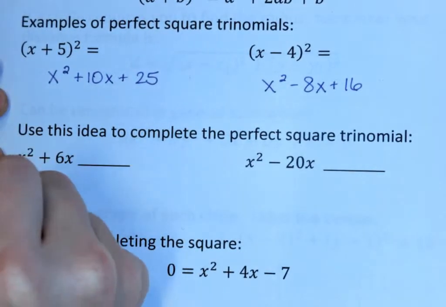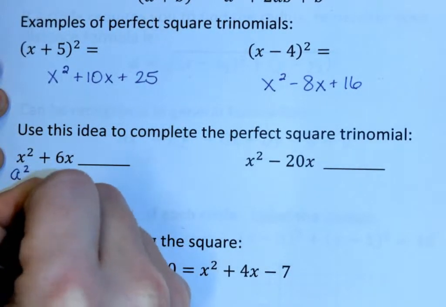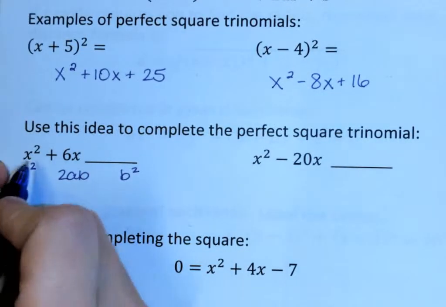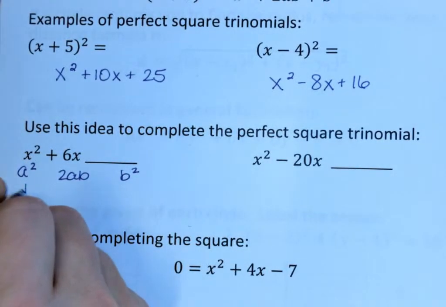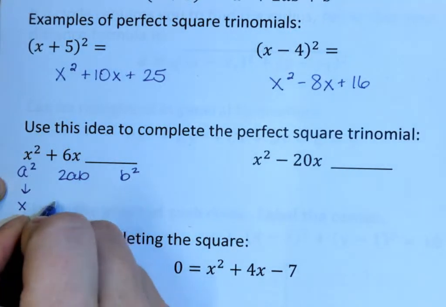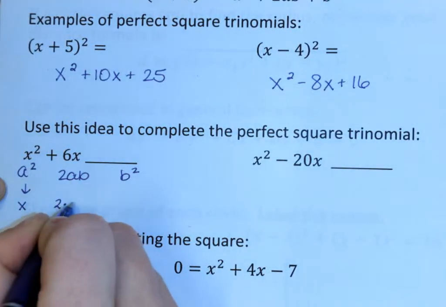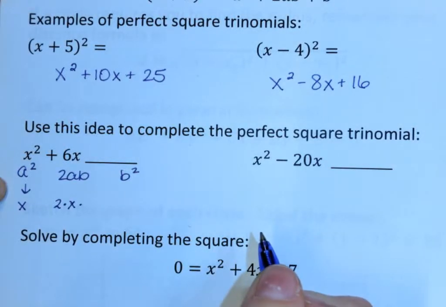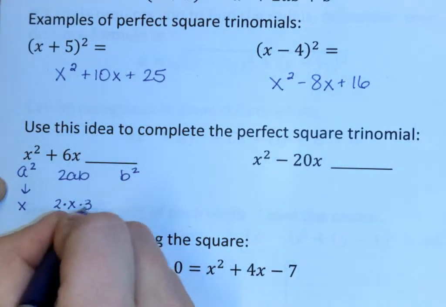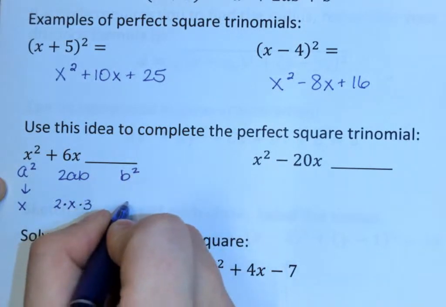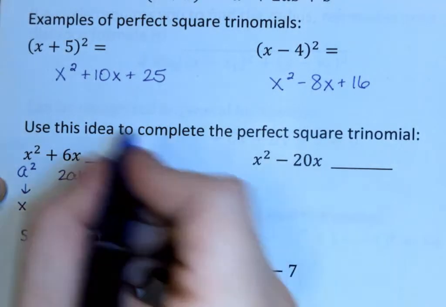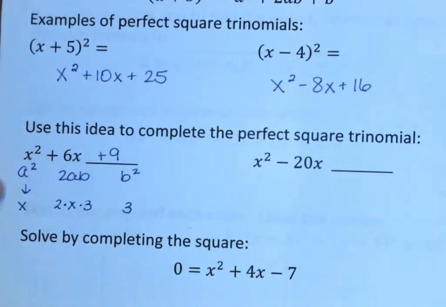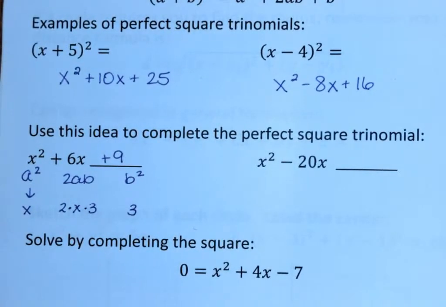This is a squared, this is 2ab, and then I need a b squared over here. So what is a? x. So 2 times what times x gives me 6x? 3. So that means this last term, b squared, is 3 squared. So what do I need to put in here? I've completed the square.